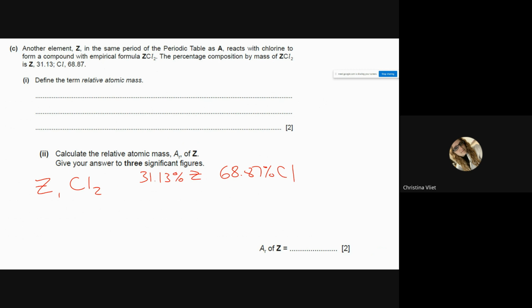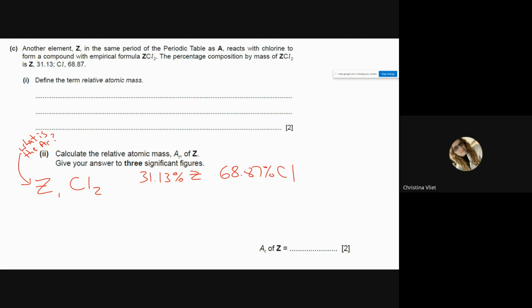What would we do? We're looking for, we want to know, what is the molar mass of Z? Do we have enough information to figure that out?